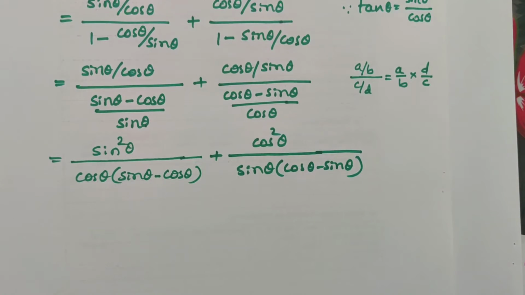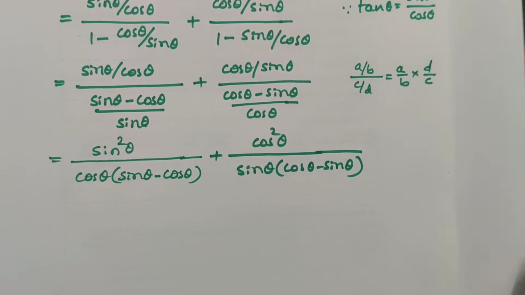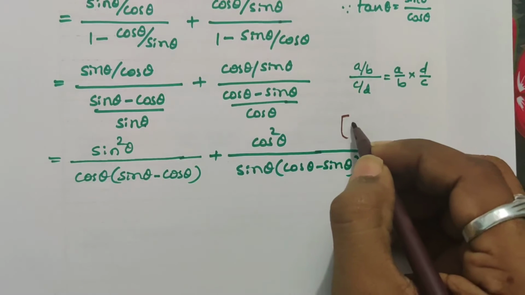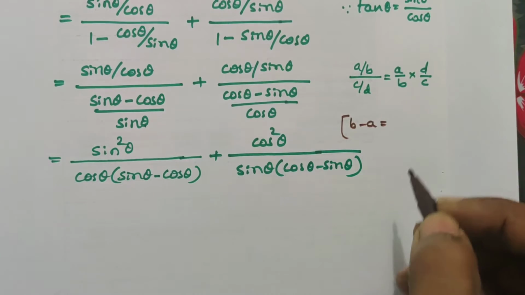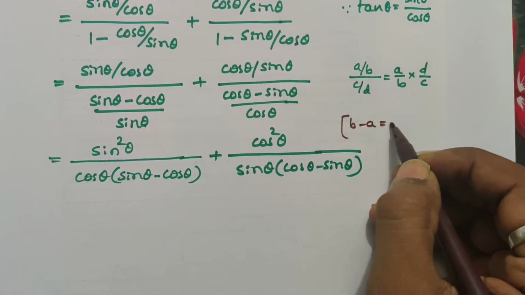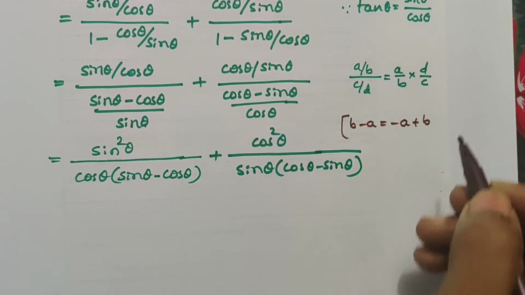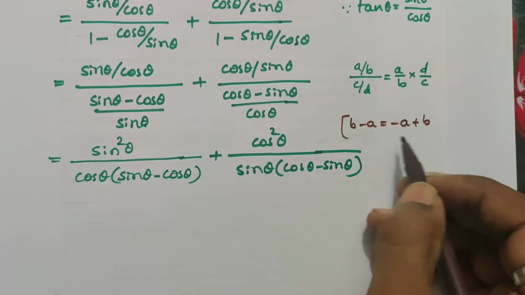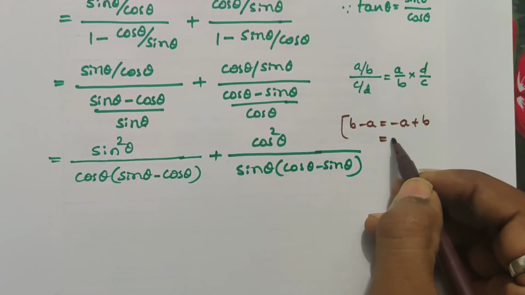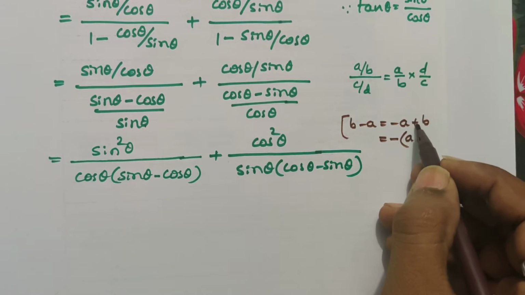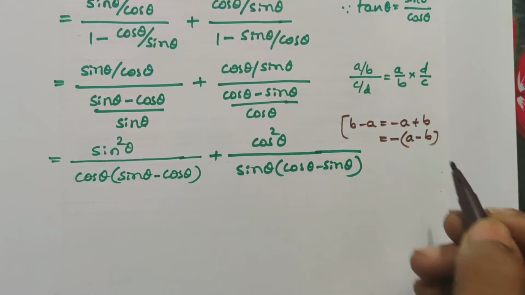Let us take an example. Suppose you have b minus a, can we write b minus a as minus a plus b? Same thing. I wrote minus a first, b I wrote next. Suppose I take minus common, then a will be as it is, this plus will change to minus.